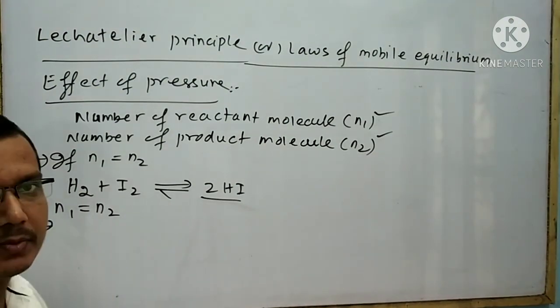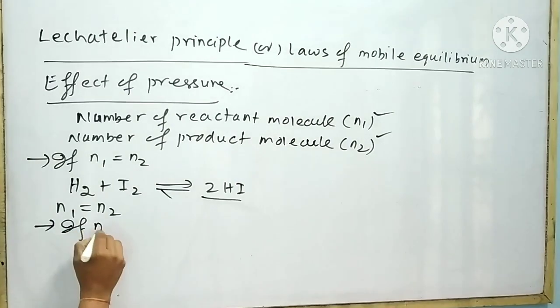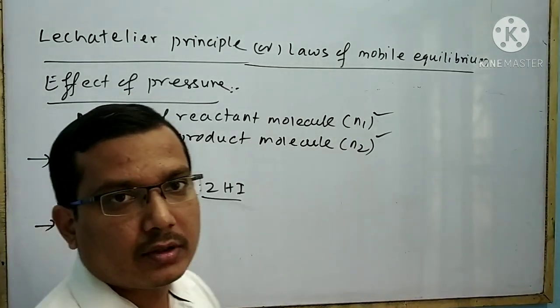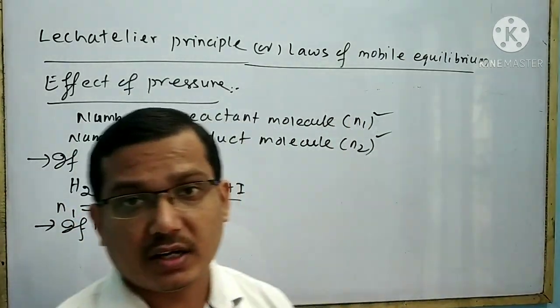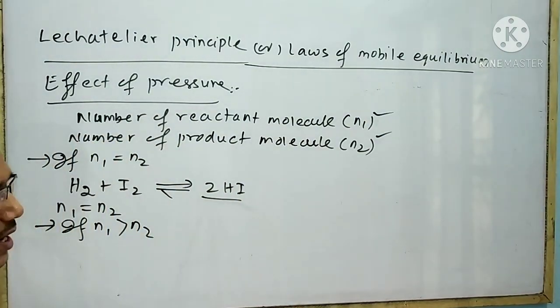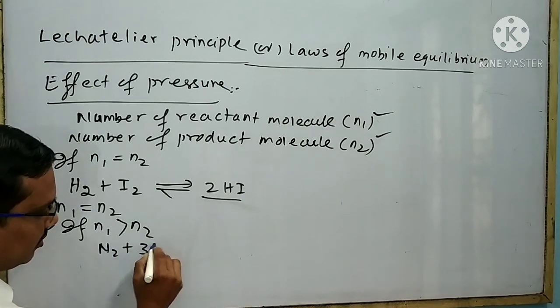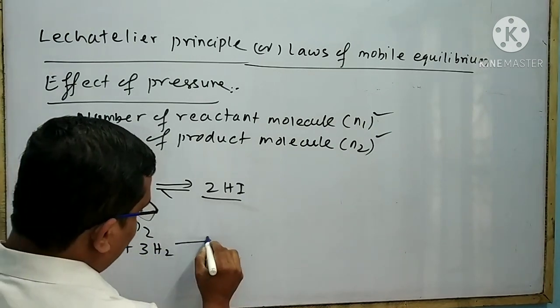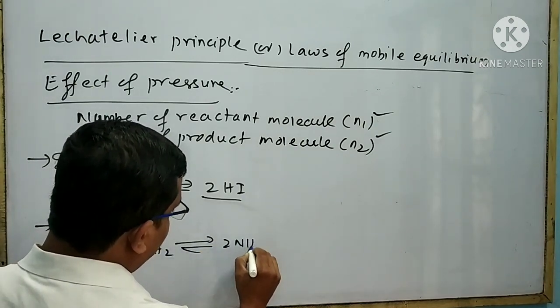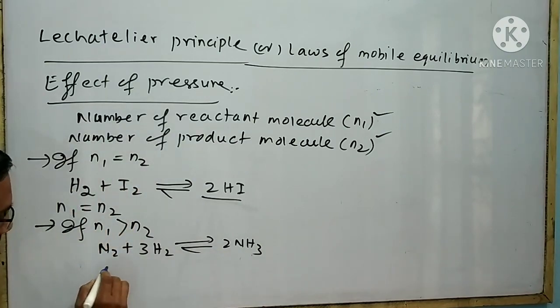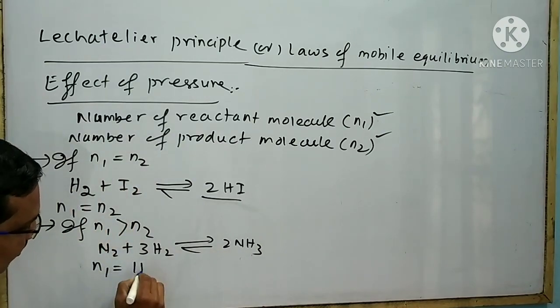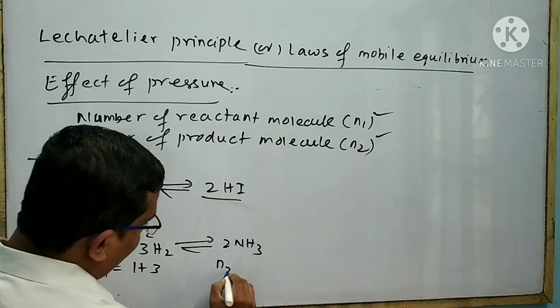According to this principle, if N1 greater than N2, then an increase in pressure shifts the equilibrium in the forward direction. Take an example: N2 plus 3H2 gives 2NH3. In this case, N1 equals 1 plus 3, and N2 equals 2.